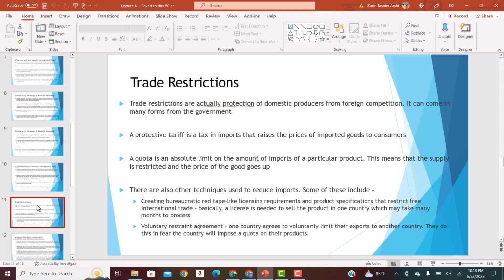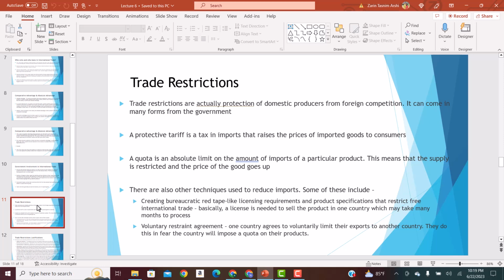So these eventually increase the cost and will increase the price and limit trade. Government can also come up with a voluntary restraint agreement. One country agrees to voluntarily limit their exports to another country. They do this in fear that the country will impose a quota on their products. So these are different ways that countries can limit trade or implement trade restrictions.